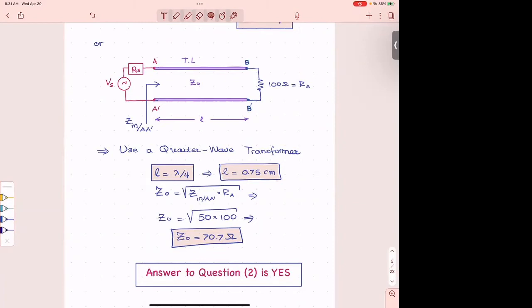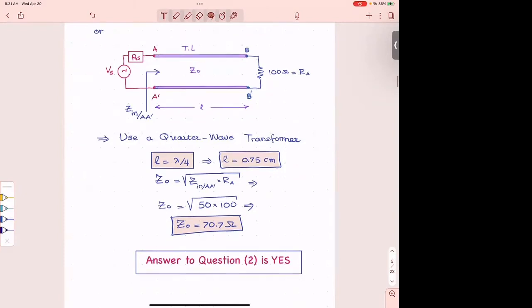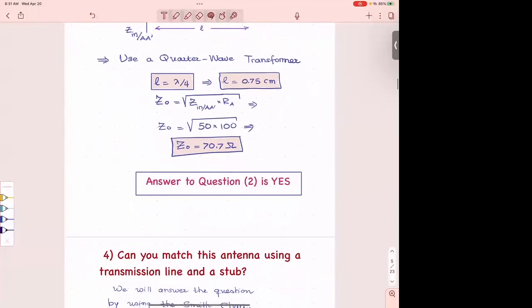So if I put this capacitor there, and I make this total at the load at BB prime, and then I use a quarter wavelength transformer with this kind of characteristic impedance, then I can have a total match here, so I can make the input impedance here to be equal to this, which is 50 ohms, equal to R sub S, which is 50 ohms. So practically through this approach, I make this one to be 50 ohms. And therefore the answer to this is yes.